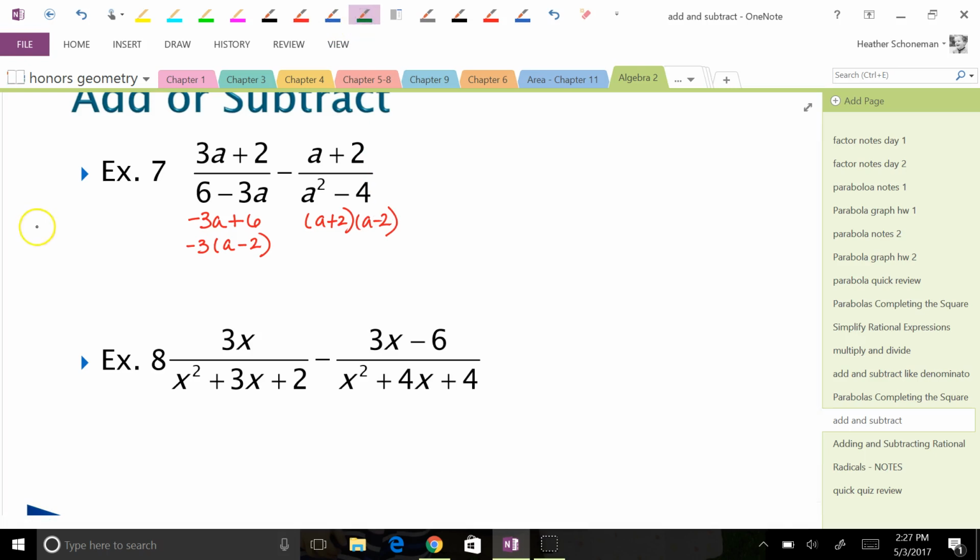So that makes my least common multiple -3 times a minus 2 times a plus 2. Okay, so the first fraction is missing an a plus 2, so I have to multiply that times a plus 2. And the second fraction is missing a -3.